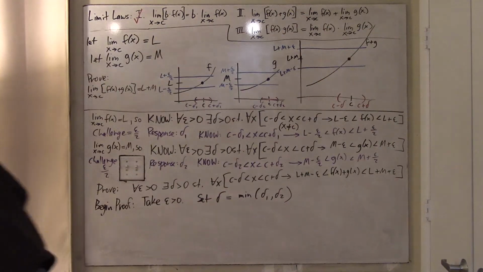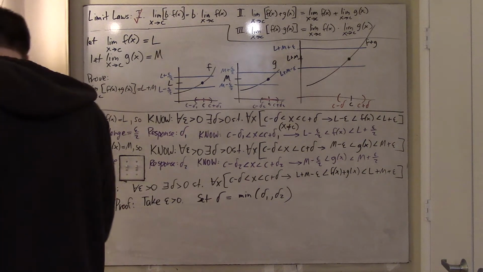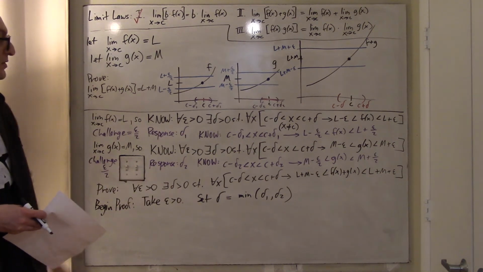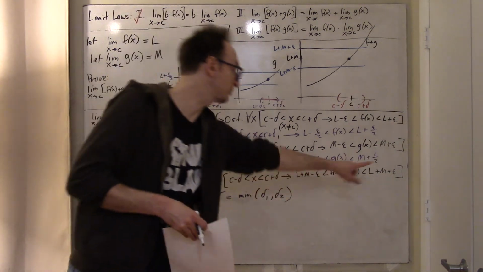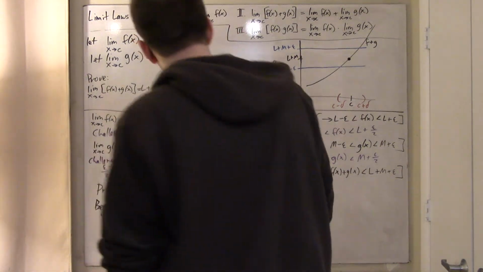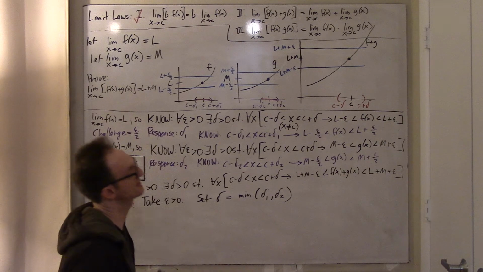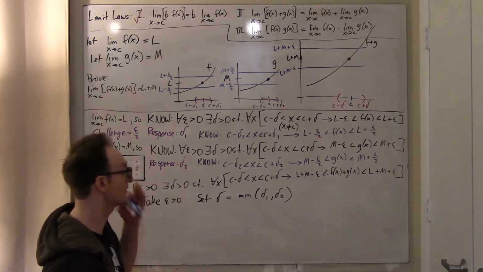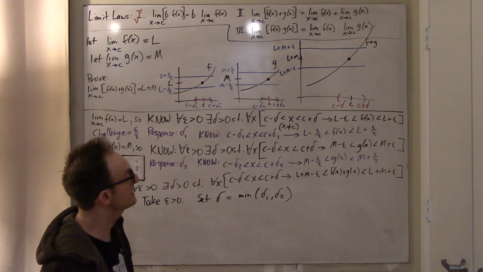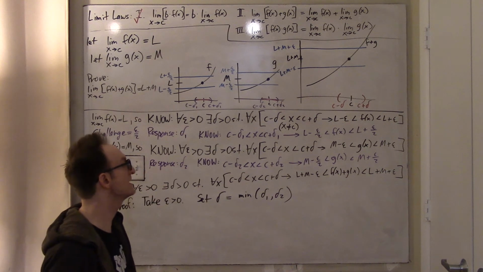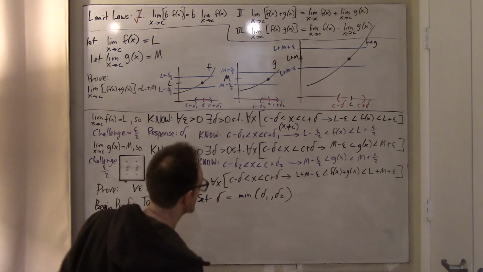Okay, and now the whole thing just kind of happens, right? Because what is it that I'm trying to show again? I'm trying to show that within delta, blah, blah, blah. But if you give me now an x, maybe it's even best not to write anything else, but to just talk it out. If delta is the smaller of these two numbers, delta 1 and delta 2, then I still need to prove the conditional, so I suppose I should do it.